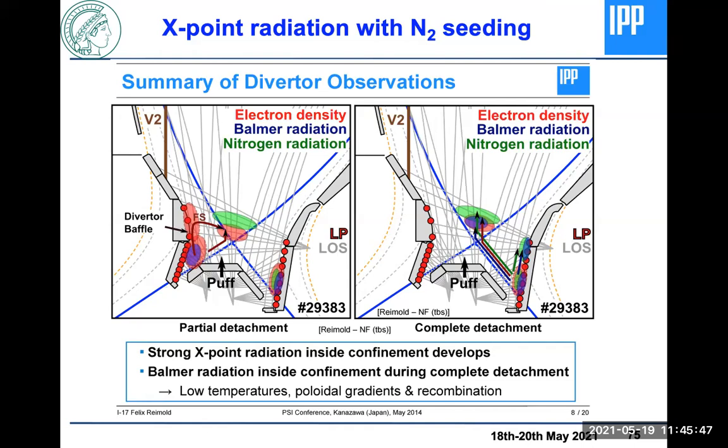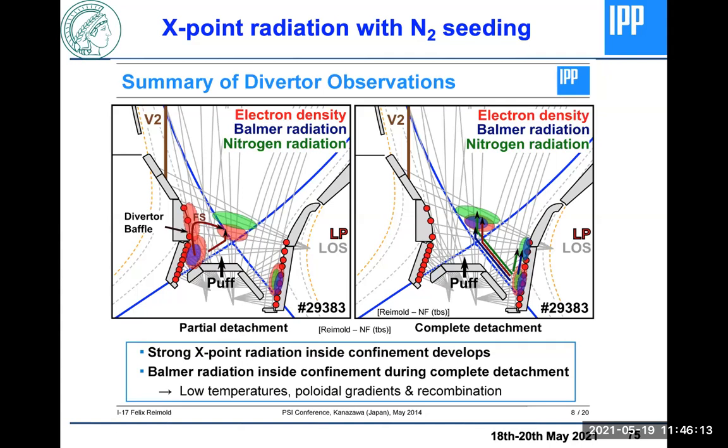So we are able to select these lines of sight, and then usually they're collected here with a lens, and then with optical fiber they leave the machine, go through the torus hall, and enter another chamber where there are lots of spectrometers sitting on tables, and then they're distributed among these spectrometers, and one can look at certain lines of sight.